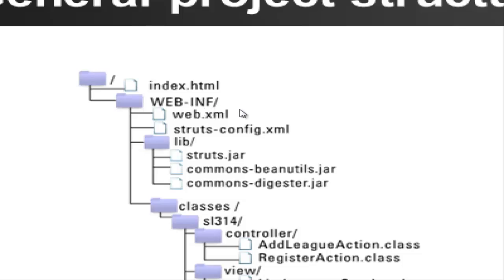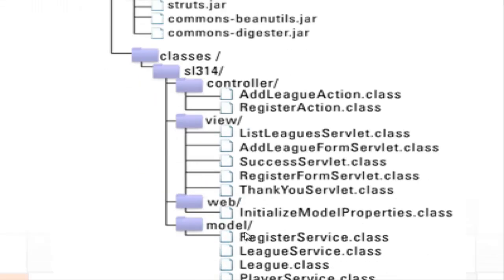Now these are the common libraries that are required by Struts. We don't use libraries at the other place. You might have noticed that when you are using NetBeans, the libraries were shown at some different places. But when you are creating the final web archive or WAR file, it must be in this format.